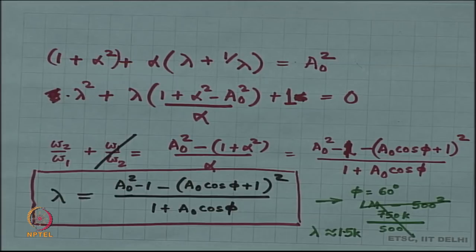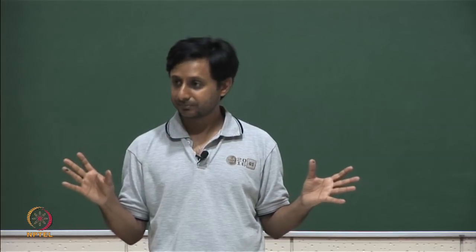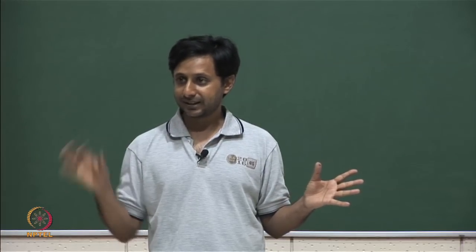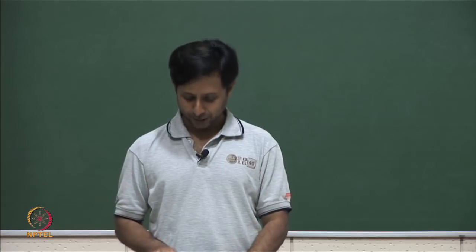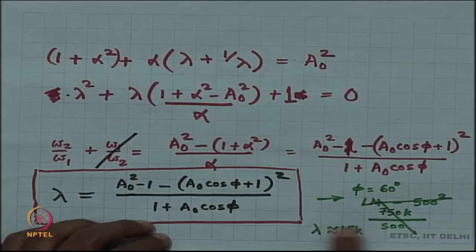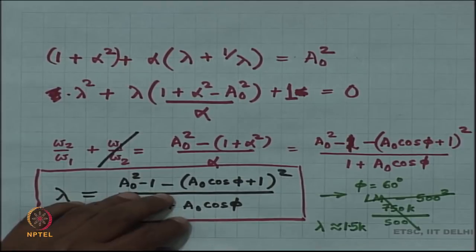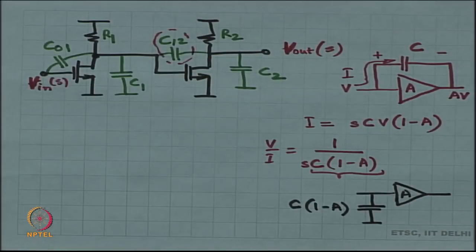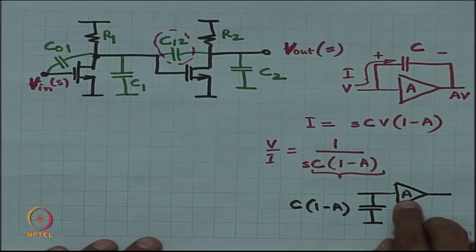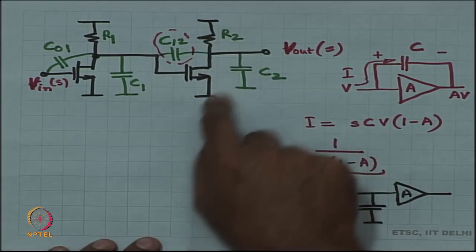We have a certain idea of how large it has to be in fact, right. You are given phi, you have been given A naught. So, you know exactly how large one pole has to be with respect to the other pole. That automatically means that one pole is very close to DC, the other pole is at a very high frequency automatically. Okay. So, at DC at least A is equal to minus Gm R2.